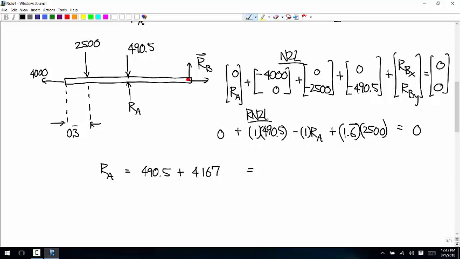And then Adam, what do you get there? 4, 6, 5, 7.5. Okay. And then plug that into the other two equations, and you get that RB is equal to positive 4,000.